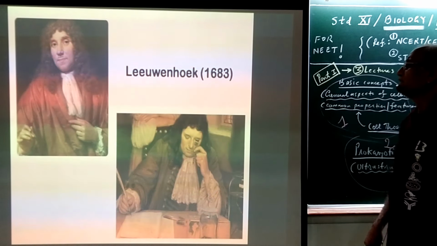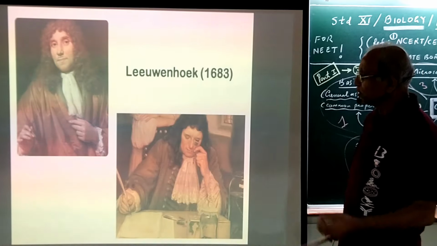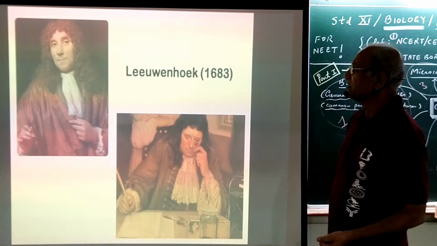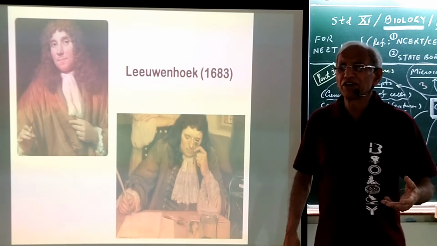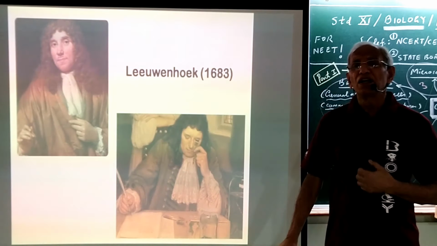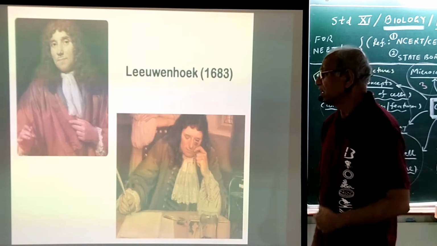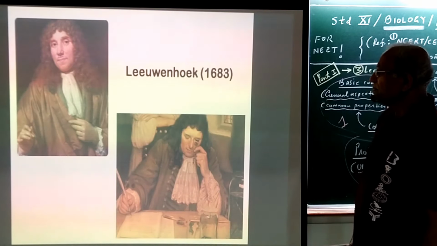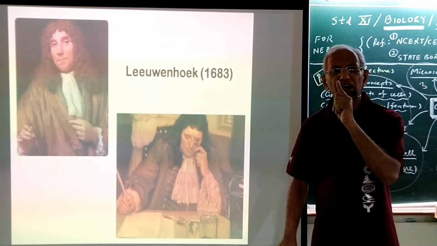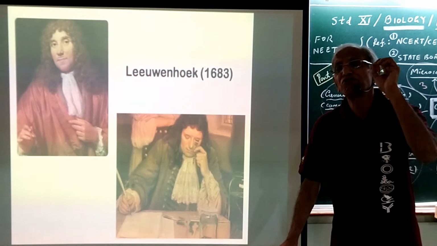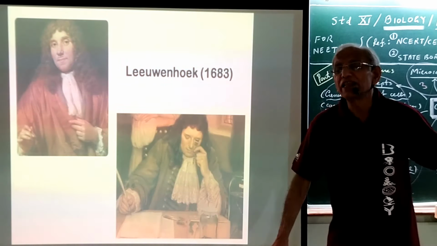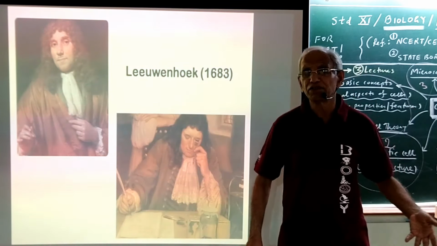Leeuwenhoek, a little later than Robert Hooke, but almost around the same time. He was a business person, and so he did not have any formal education of university type, but he was always having a great interest in knowing things around, and he prepared tiny microscopes, just a copper plate and a pointer, and he manufactured 500 such simple pieces, and some of them are still there in some of the museums of the world.